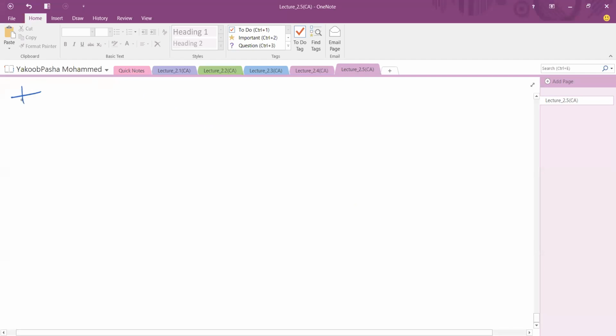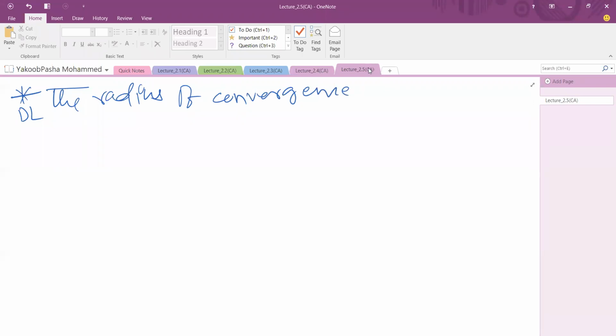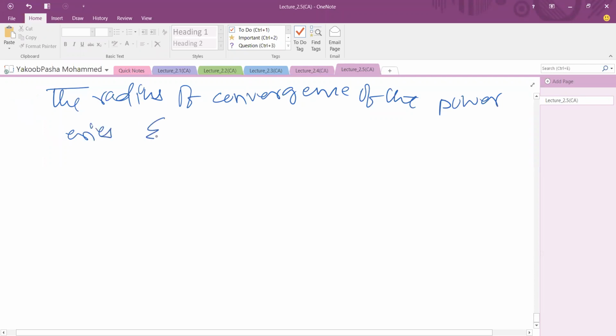Next I'm taking one problem from DL. The radius of convergence of the power series summation n is equal to 1 to infinity n by 2 power n z power n is.